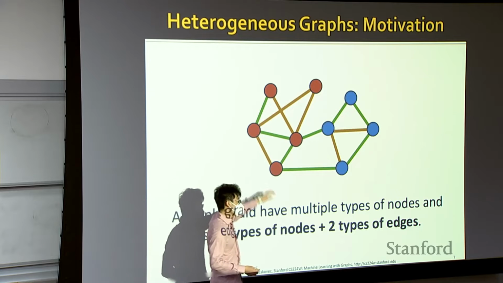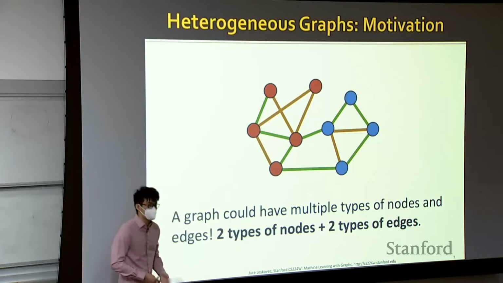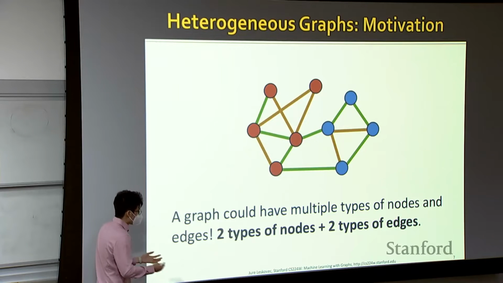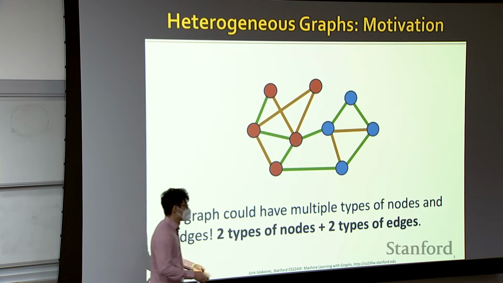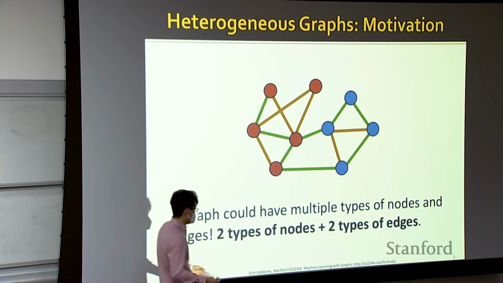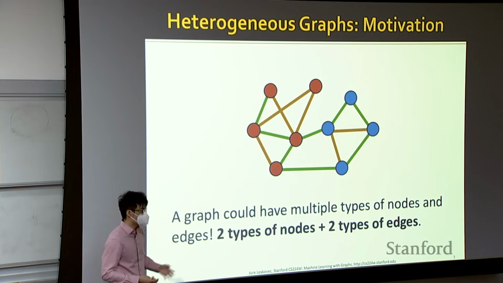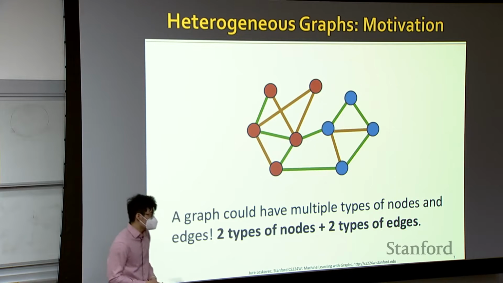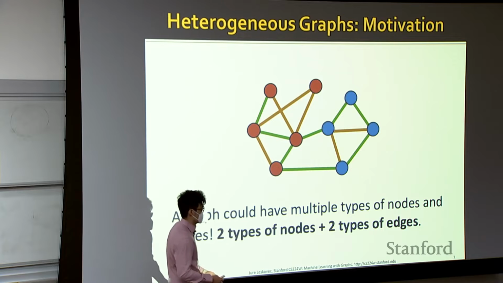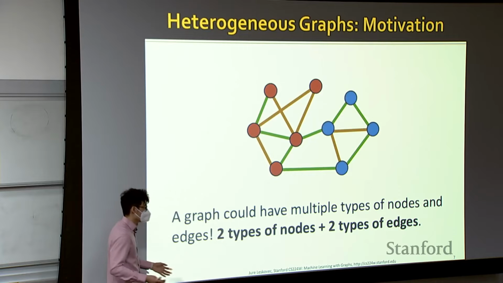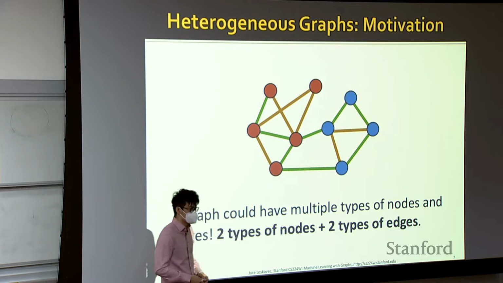So given a network, it can both have different types of nodes and different types of edges. Still reusing our example, we could have 2 types of nodes in the citation networks, the papers and authors, and we can additionally have 2 types of edges that are the citation relationship and the similarity relationship. So altogether, both nodes and edge types can exist in the same network. And you can already see this heterogeneous graph can go very complex. So there are tons of combinations of like how many nodes and how many edges you can consider in this heterogeneous graph.